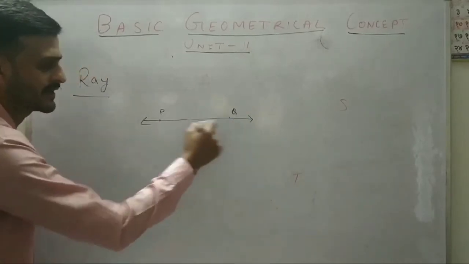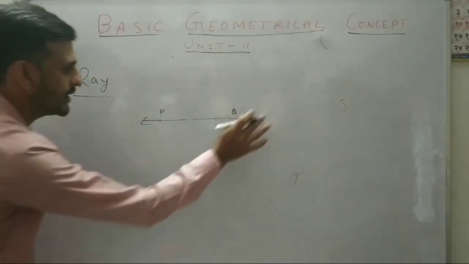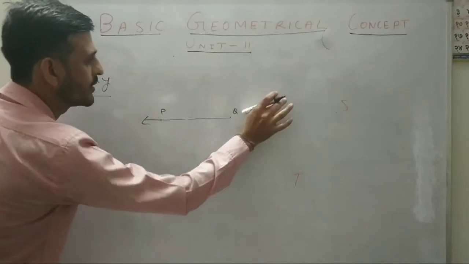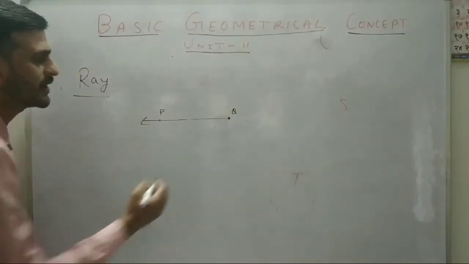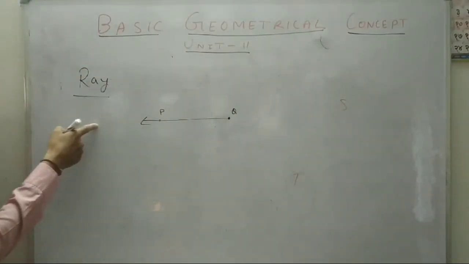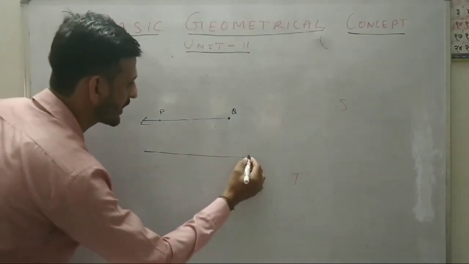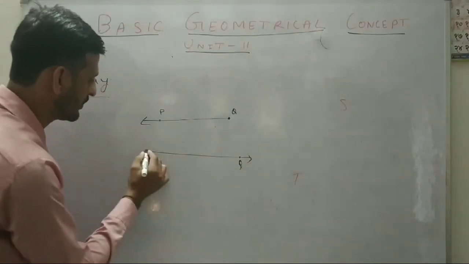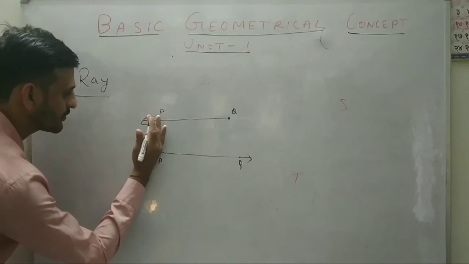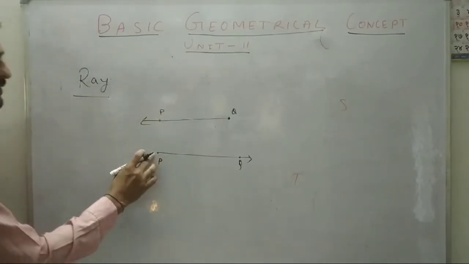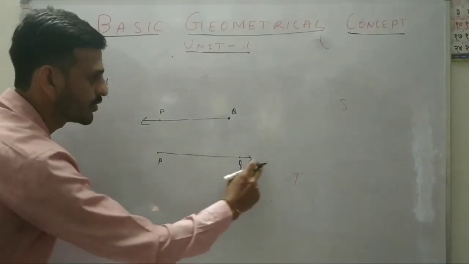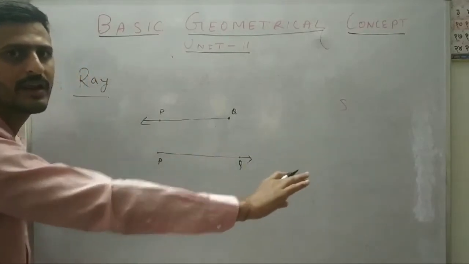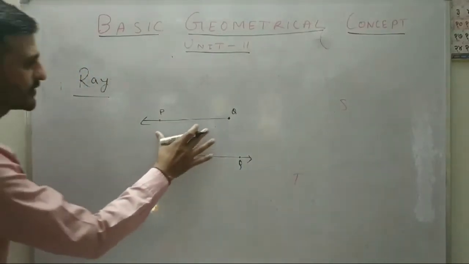It is a line, but it has only one endpoint. Suppose it starts from here, so it is endless to this point. Or you can say a ray is a part of a line which starts from here. It is the endpoint, meaning starting point, then it goes on this way. It does not have any endpoint. So this is the ray.